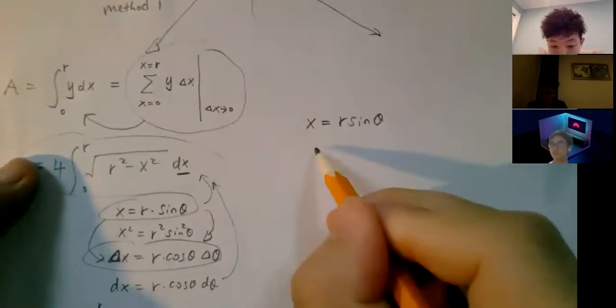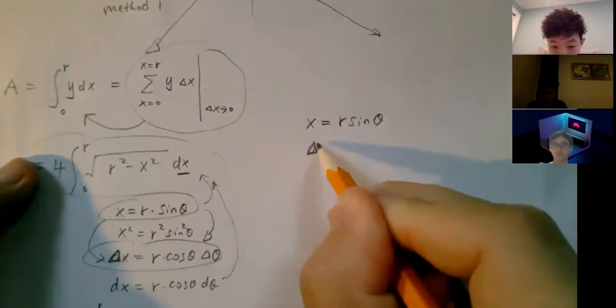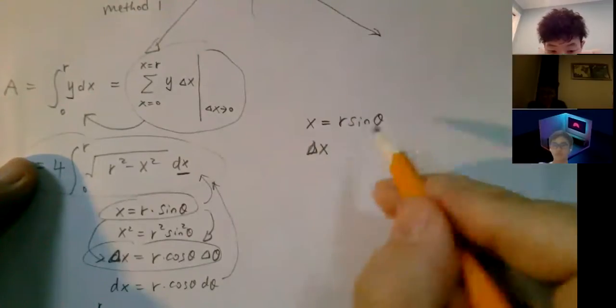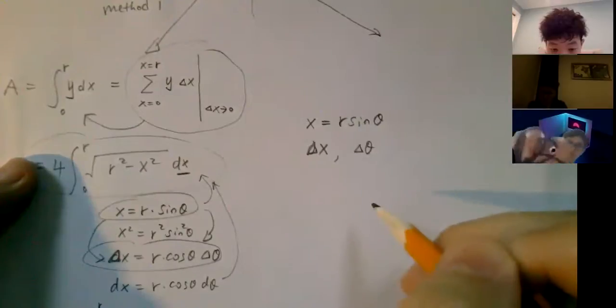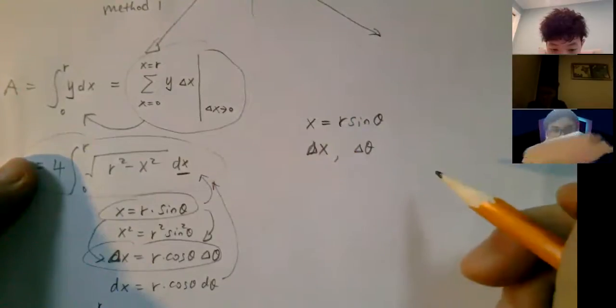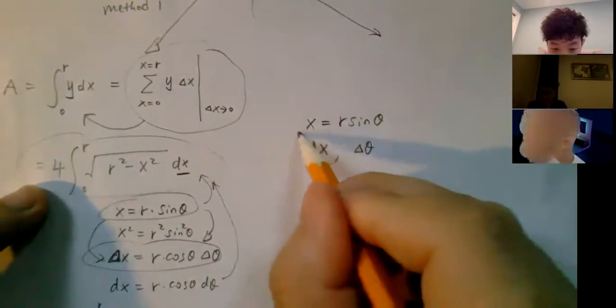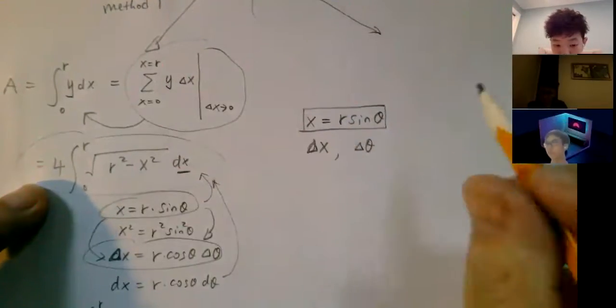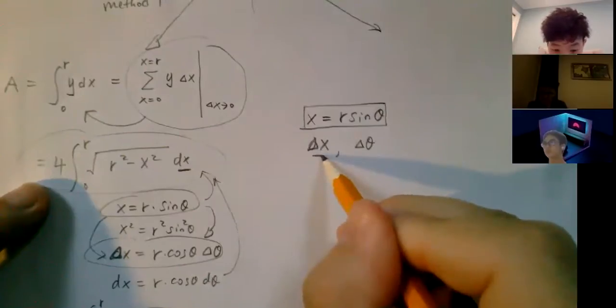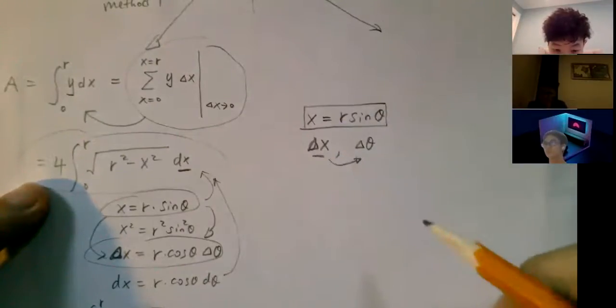I was doing the delta x integral. Now I need to do the delta theta integral. So how do I change? If x and theta have this kind of relationship, how can I change delta x to delta theta?